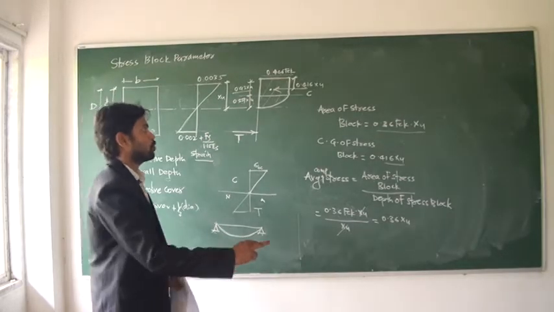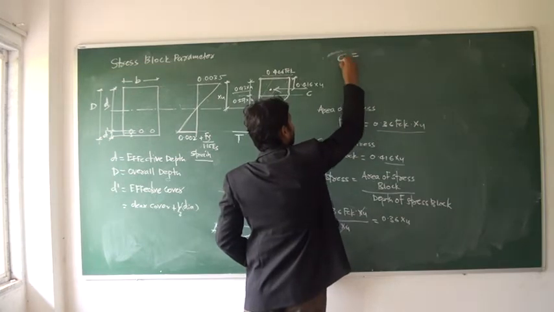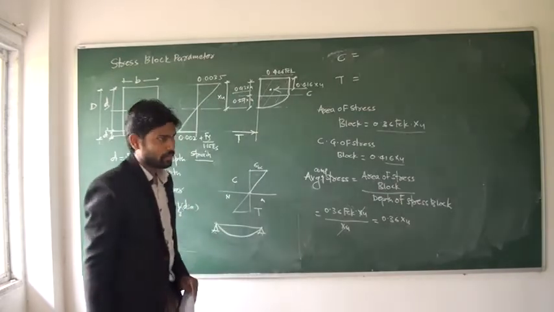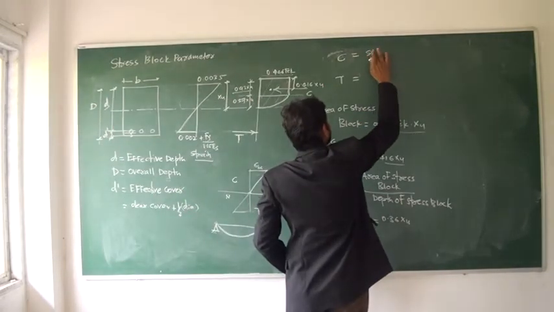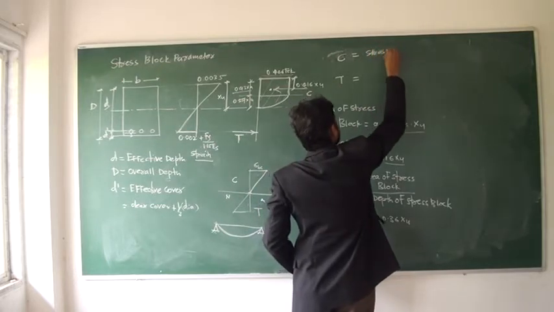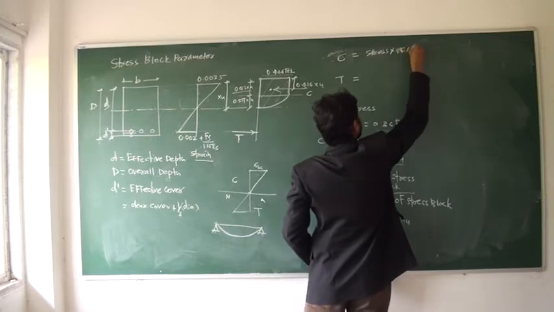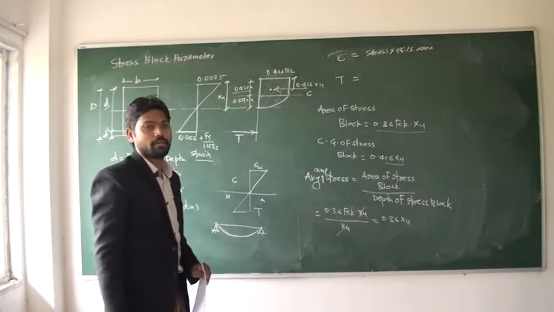Now you have to calculate total tension. First we calculate total compression, and then the total tension. Compression is stress multiplied by cross sectional area.